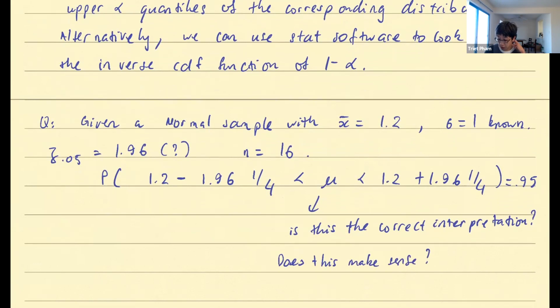Because if you don't understand what you mean when you write down these things, you get lost when you solve math. So this is some number. I don't want to calculate them out, but it's just a number. So you're saying that the probability that your unknown mu is in between these two numbers that you figure out is 95%.